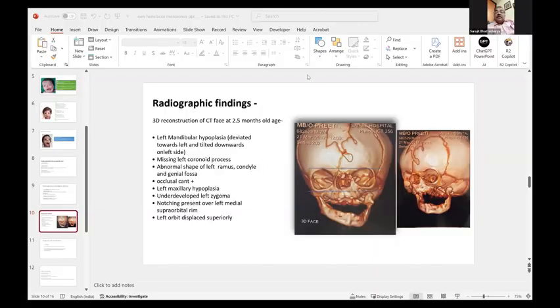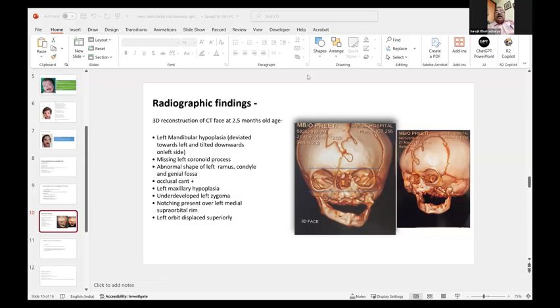Goldenhar and regular craniofacial microsomia are 2 different diseases. Goldenhar is genetically transmitted, whereas craniofacial microsomia most of the time is not. So Goldenhar has a stronger autosomal dominance.